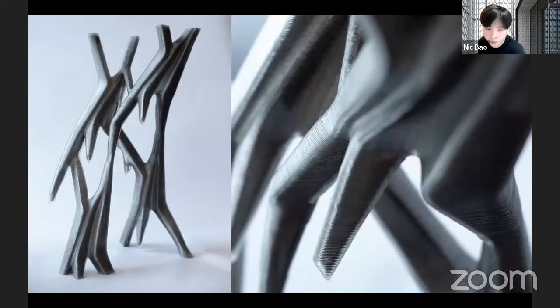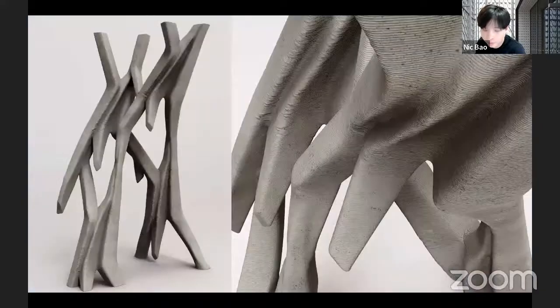This is the final project, which has already been cast with concrete, but this concrete is very hard to remove. So we call it sacrificial formwork. If we can remove the plastic foam, it can still work. But the only problem is we destroy the formwork using a heat gun.